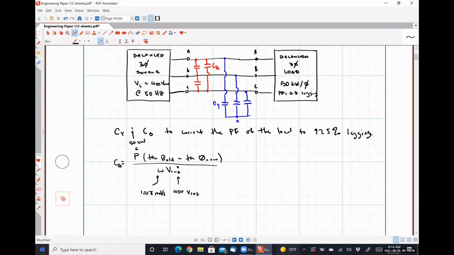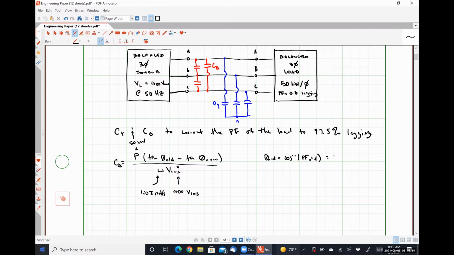The only two other pieces of information we have to figure out are theta old and theta new, and I think we have enough information to get that pretty easily. Theta old would be, sorry, not the inverse tangent, the inverse cosine of the old power factor, which I think is going to be 36.87 degrees, but let me double check. Cosine inverse of 0.8.